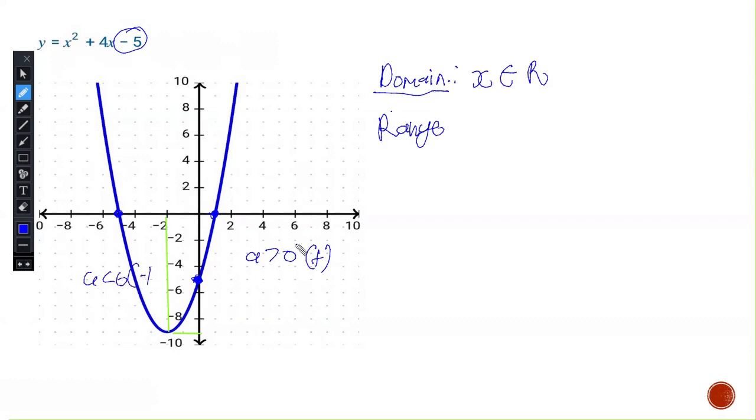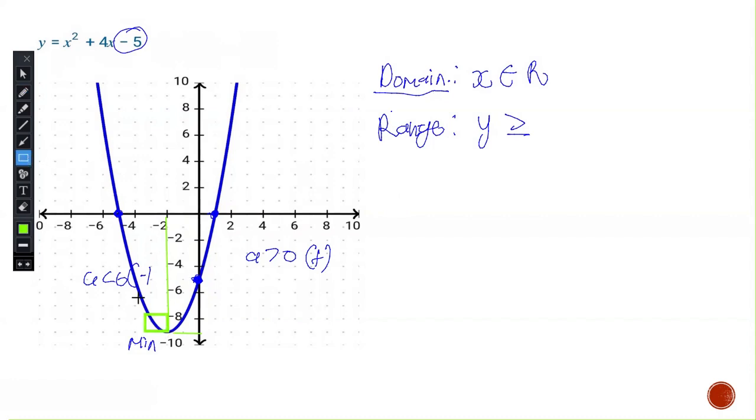Now that our a is positive, we know that the graph starts from a minimum value all the way up to infinity. So when you write the range, you have to say y is greater than or equal to the value where the graph starts to exist. Remember, when we talk about the range, we are saying where the graph exists in terms of the y coordinate, the set of all possible y coordinates.